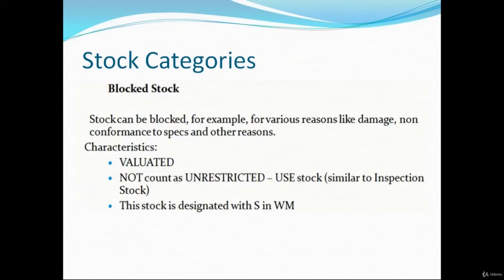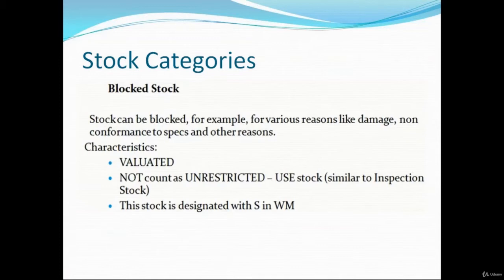The main characteristic is that it is valuated. This stock category is also counted. That means SAP keeps track and trace of all the items belonging to the blocked status as well.